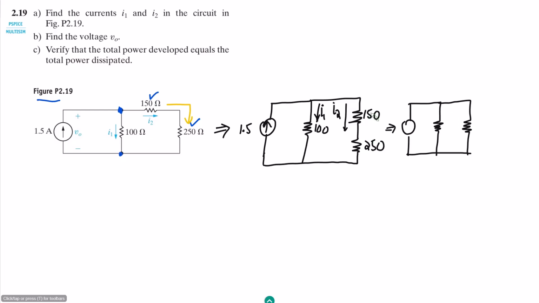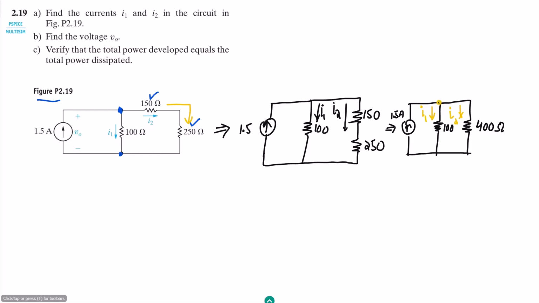So 150 plus 250 is 400 ohm. This is 100 ohm, and the current source direction is here, this is 1.5 amperes. The signs here are, this is I1, this is I2.